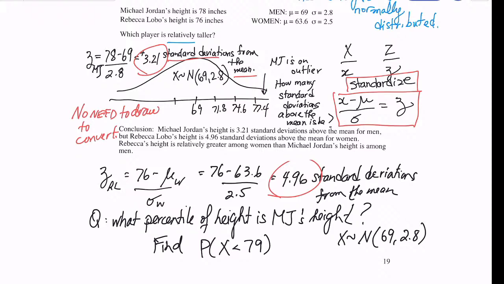He's 78. And how do you do that? You transform to the standard normal, and then you can use the table to solve.